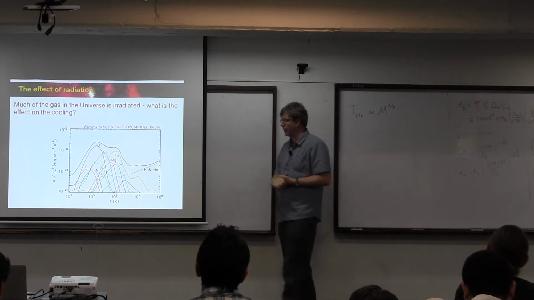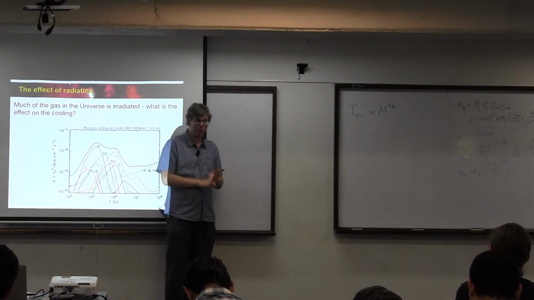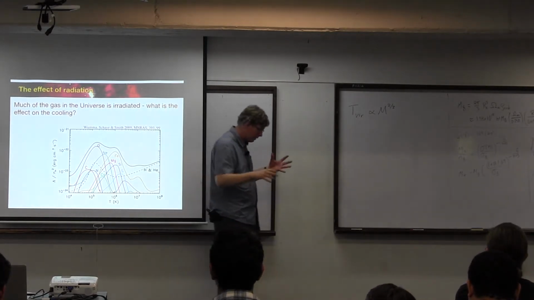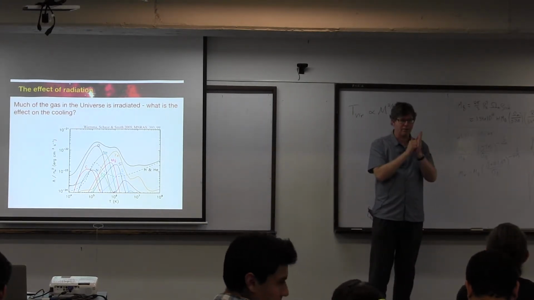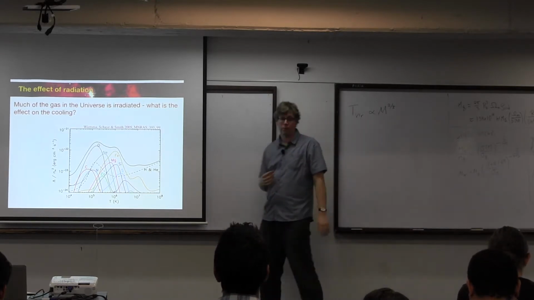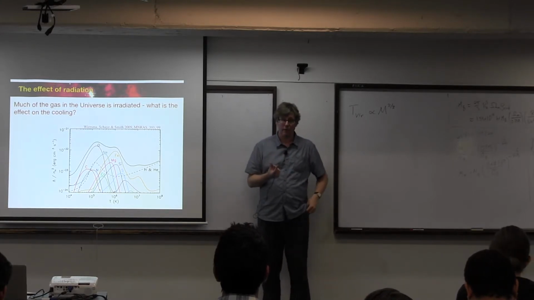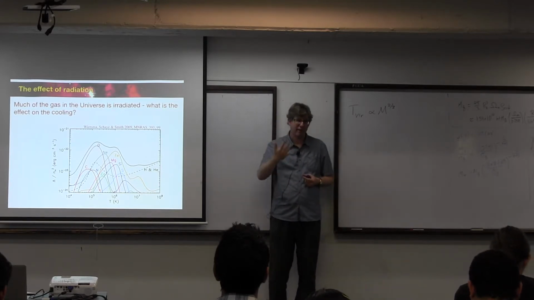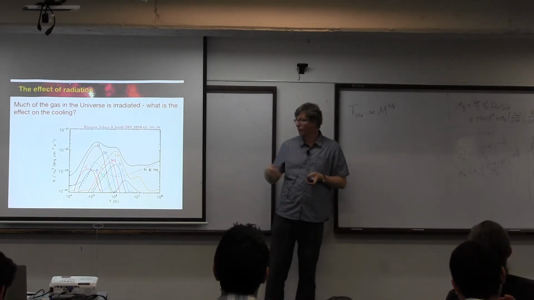So if your virial temperature is above 10 to the 4 Kelvin or so, you might have no electrons, you might have no radiation sources, but just by the fact that your halo has that mass means that you can crash the electrons together, the atoms together, and create cooling. And that's thought to be the way that you can cool and create the very first stars in the universe. And they will actually form in halos that have virial temperatures of about 10 to the 4 Kelvin, and the temperature high enough to create free electrons and hence start cooling.